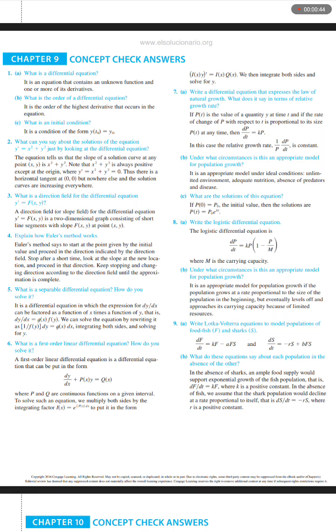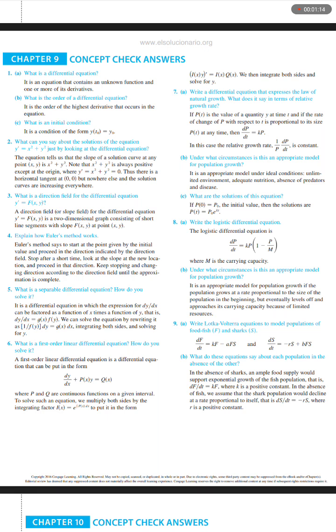Question 2. What can you say about the solutions of the equation y' = x² + y², just by looking at the differential equation? The equation tells us that the slope of a solution curve at any point (x, y) is x² + y².